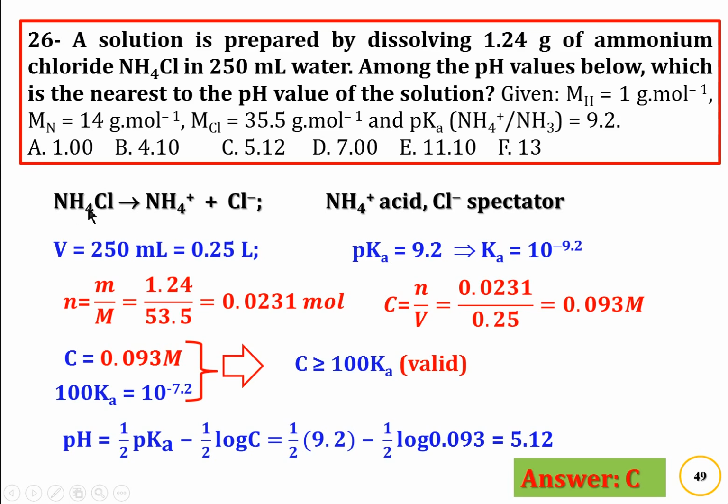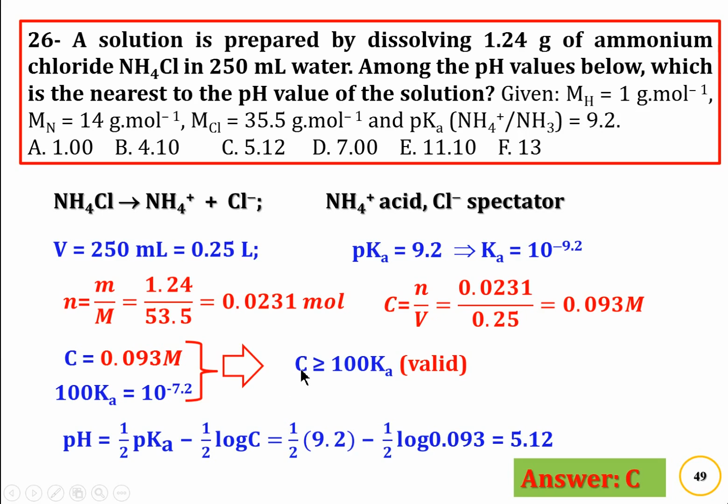We want to calculate the pH of the salt solution of NH4Cl. The pH is equivalent to the pH of NH4 plus, which is a weak acid. So we return to the formulas of the weak acid, and to find the domain, the formula to be used, we have to compare C0 with respect to Ka.